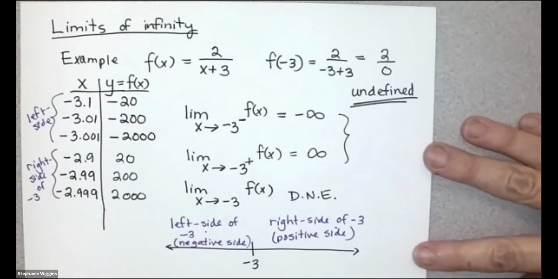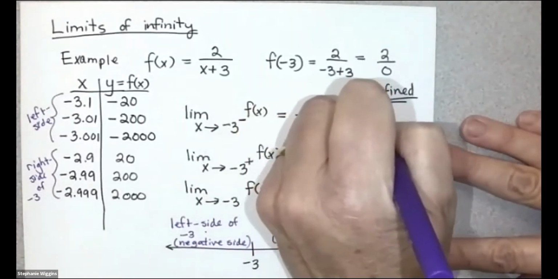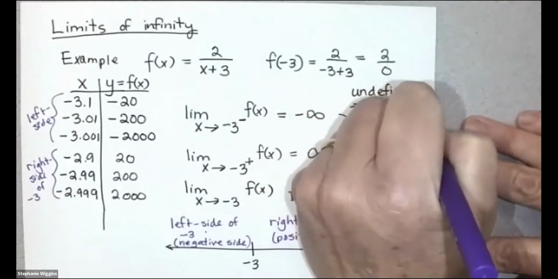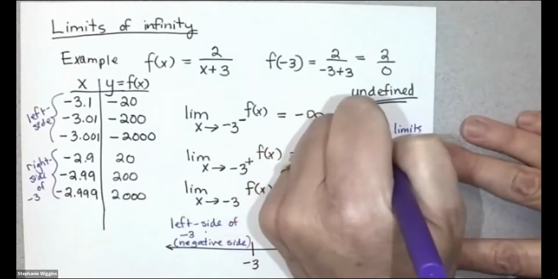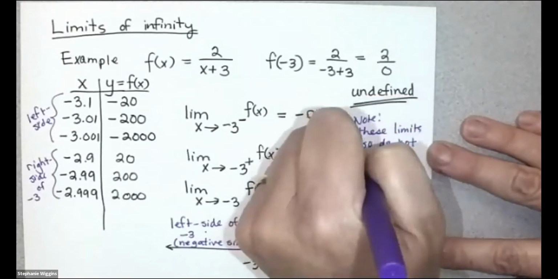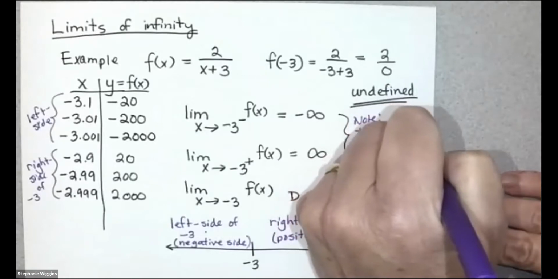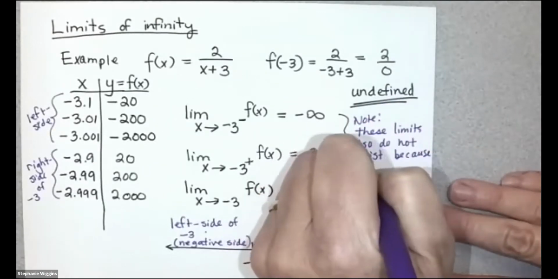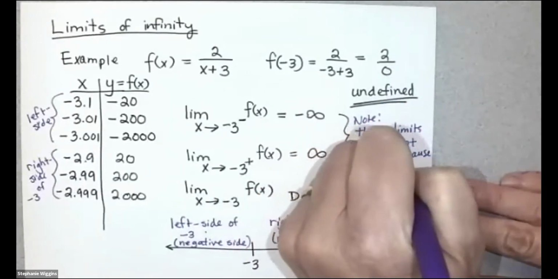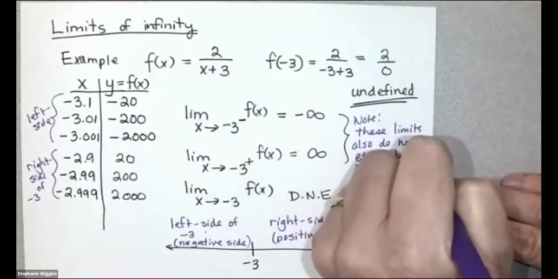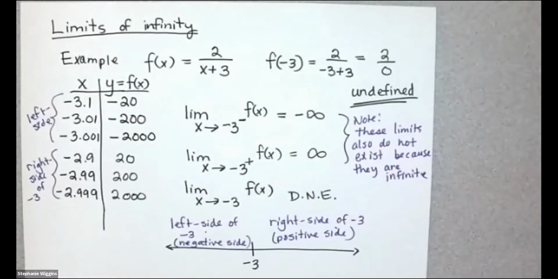It can't be infinity. You can't have a limit on something that's infinite, right? There's no limit there. Okay, so I just want to clarify that. Any questions on this?